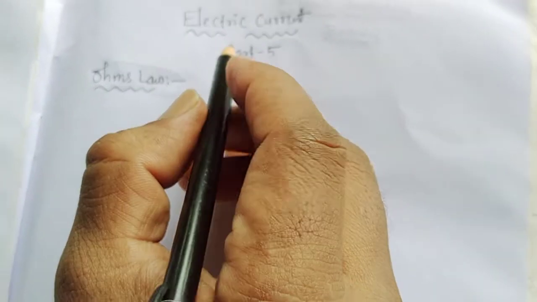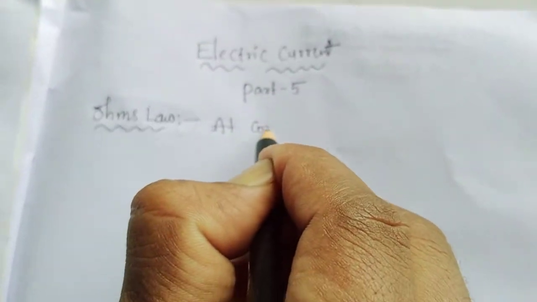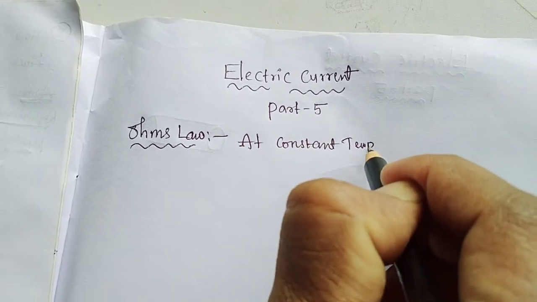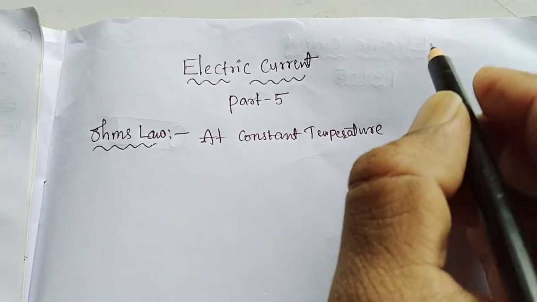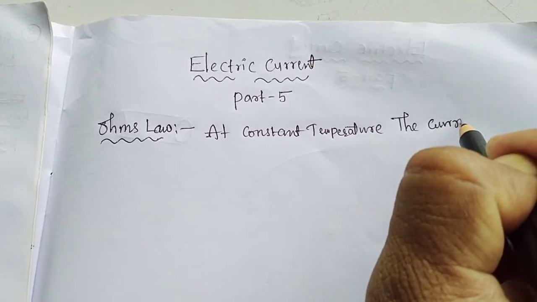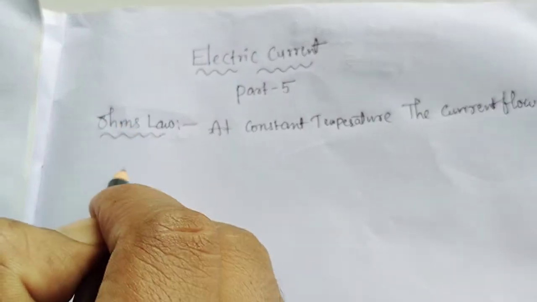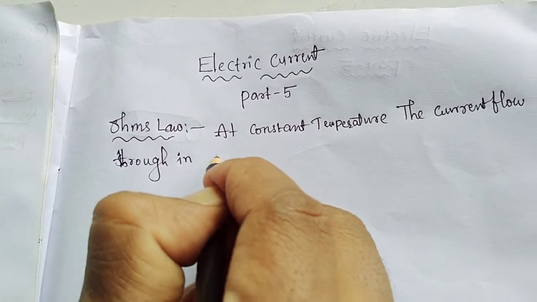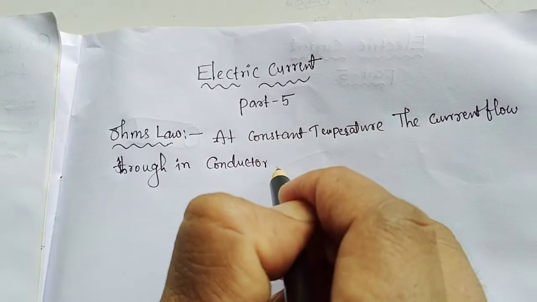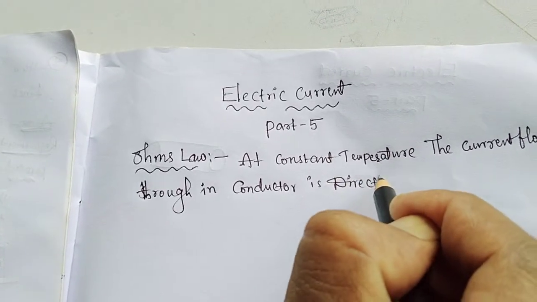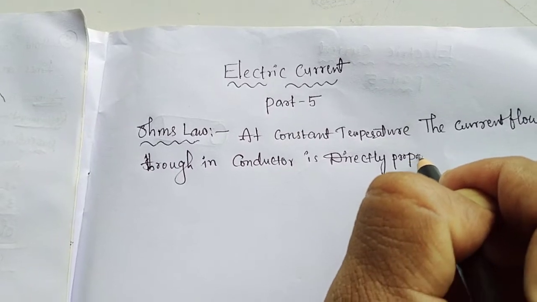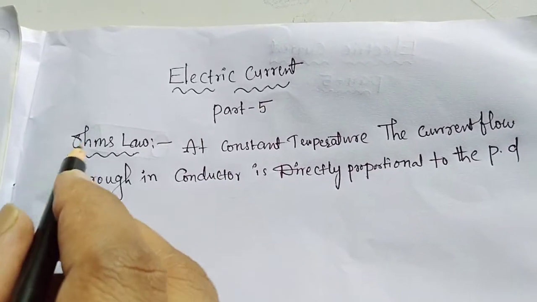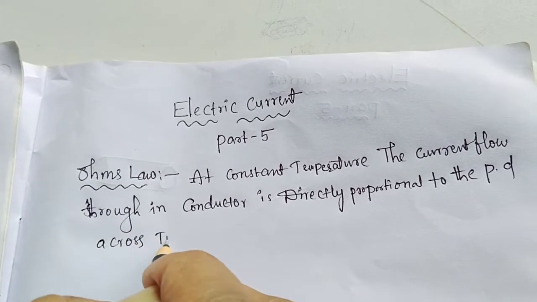So as you know, the definition of Ohm's law: at constant temperature, the current that flows through a conductor is directly proportional to the potential difference across its two ends.